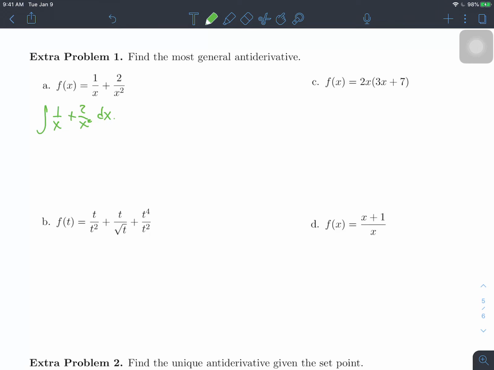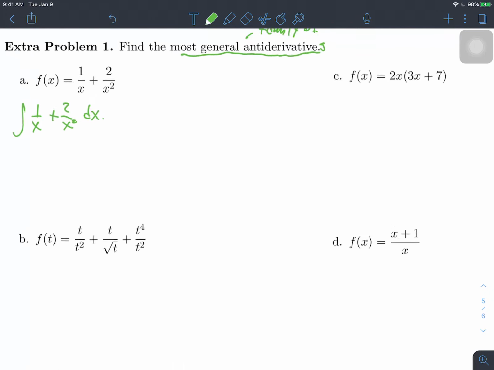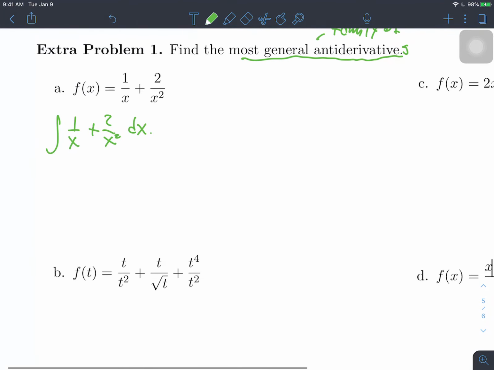Find the antiderivative. Most general antiderivative means we're going to talk about a class of functions, a family of antiderivatives. Okay, so I know by property number 1 that I can split this up.